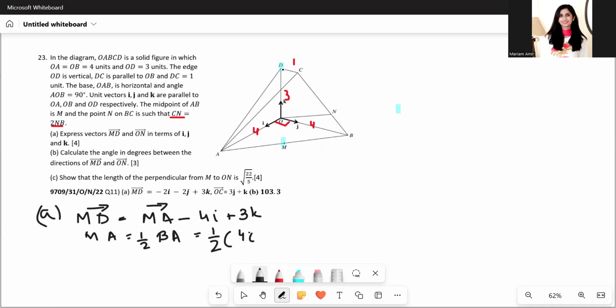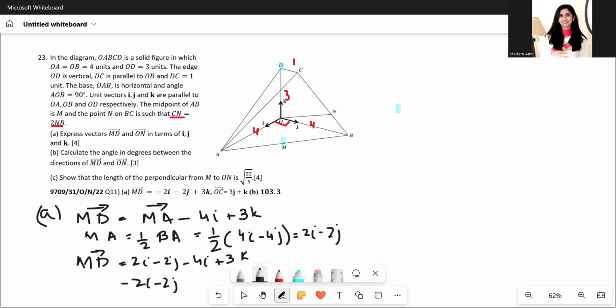So 4i minus 4j, which would be 2i minus 2j. So MD is now 2i minus 2j minus 4i plus 3k. So that would be minus 2i minus 2j plus 3k. That is MD.